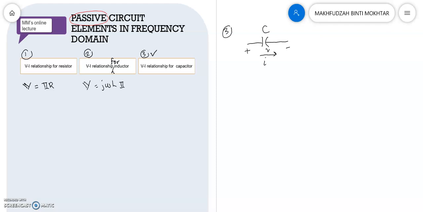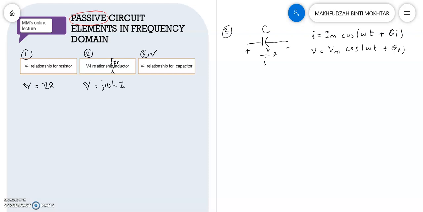across the capacitor. Okay, before this we have mentioned that we assume I equals Im cos(omega t plus theta I), right? Now, for this VI relationship for the capacitor, we will use the definition of V, where V equals Vm cos(omega t plus theta V).